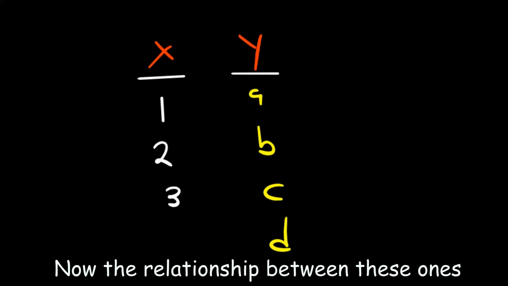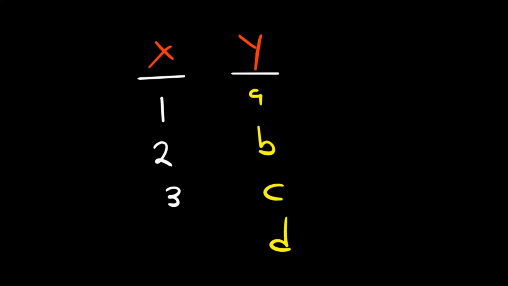The relationship between these ones is that 1 is going to a, 2 is going to b, and 3 is going to c and d. Is this a function? All the x values are mapped to some y value. However, we've got one x value that is mapping to two y values. That is giving us two outputs.